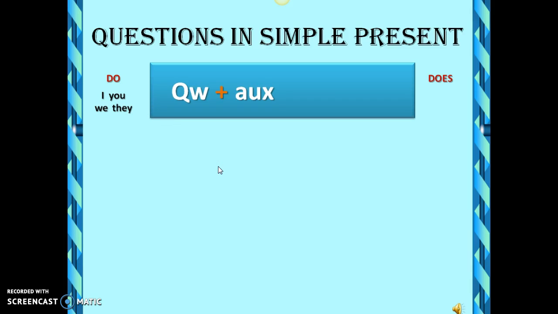I, you, we, and they. And for does, we have he, she, and it. After this, we have to add the pronoun that we have already mentioned, then the verb and the complement.